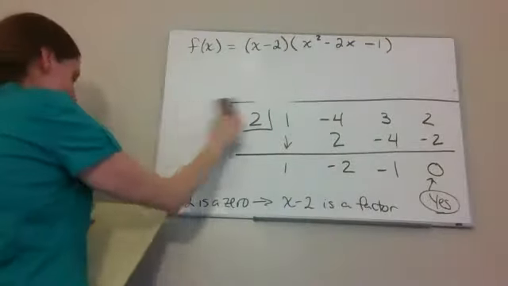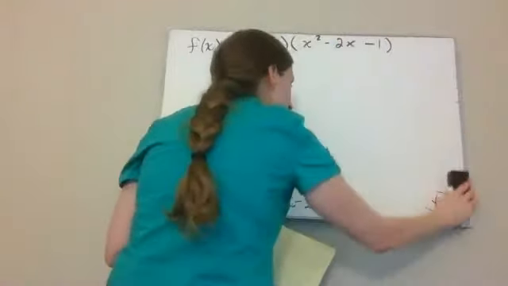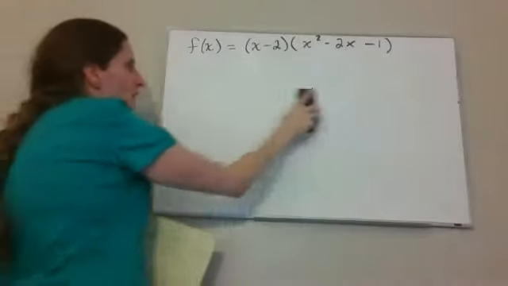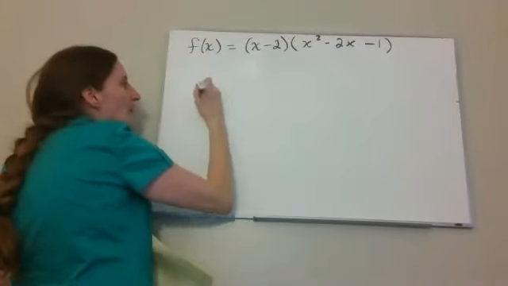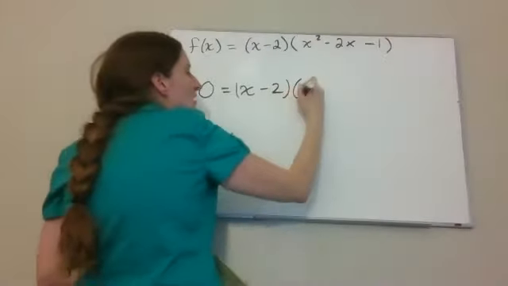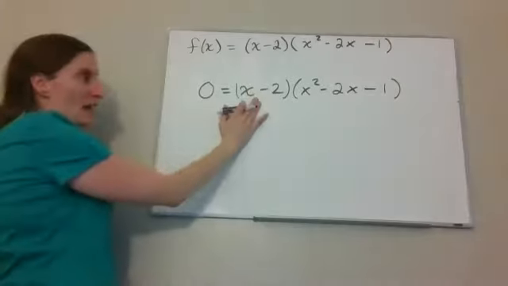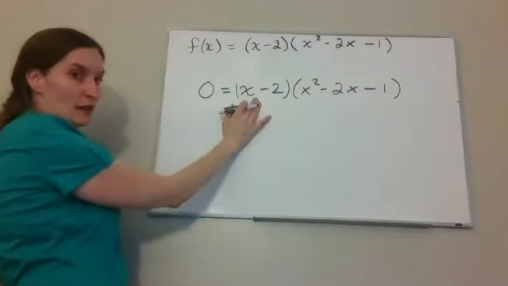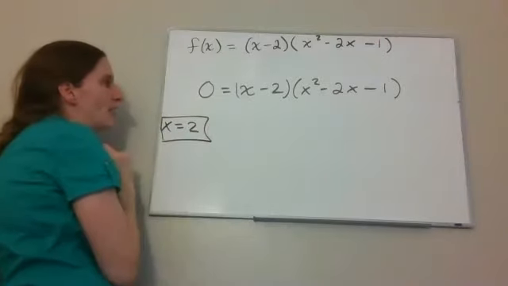That is my polynomial rewritten. So this is mostly factored. I know all of my zeros to this polynomial are going to be solutions to this equation. And this guy, the x minus 2, we already know that's 0. X equals 2 was the solution we already found.